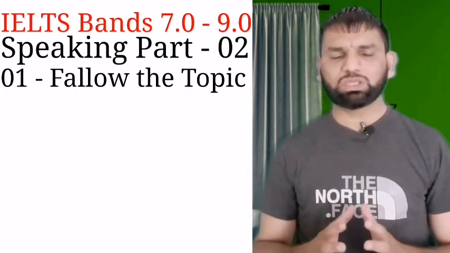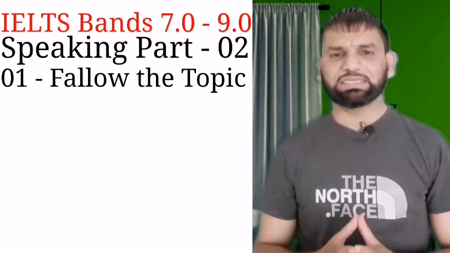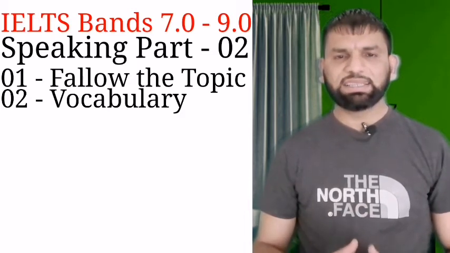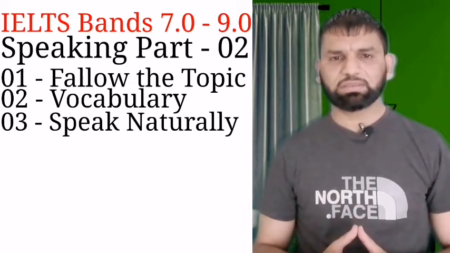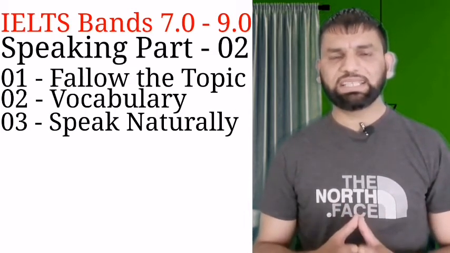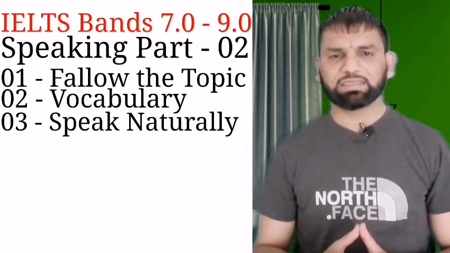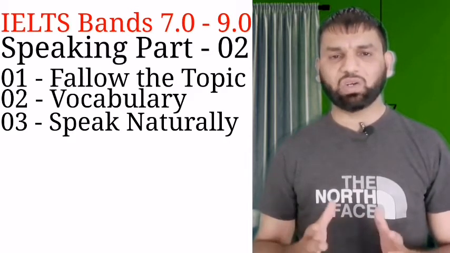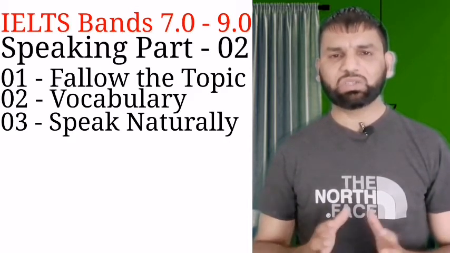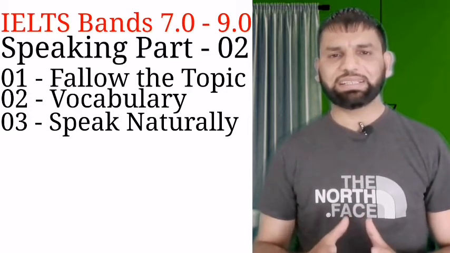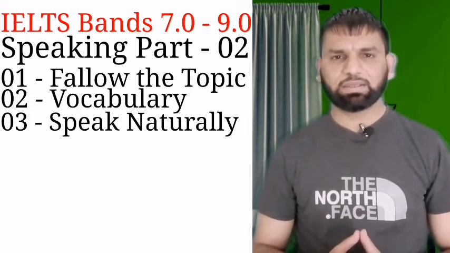Their whole speaking test is based on their vocabulary and their knowledge. They speak naturally. They speak with the examiner as if the examiner is their friend and they are sitting in a park or in a hotel. They don't give the examiner a feel that they are taking the test.